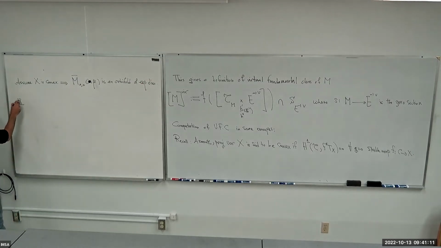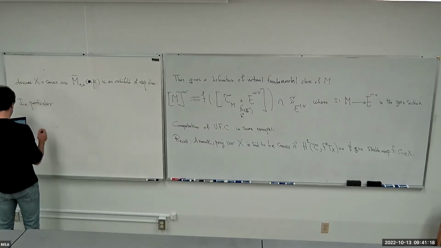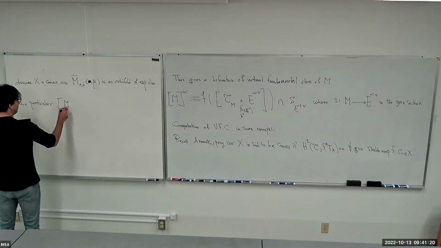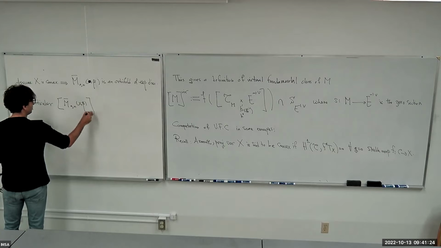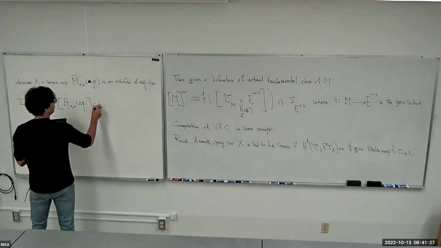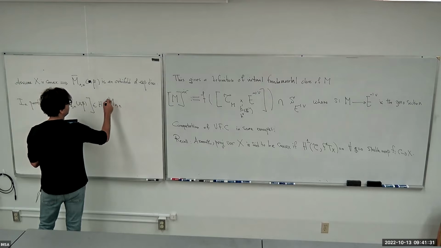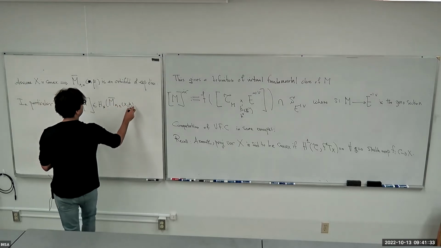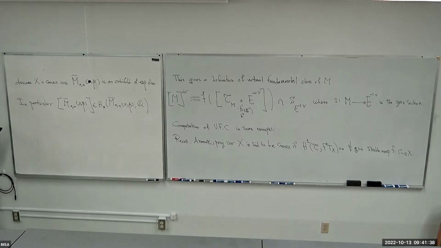In particular, the fundamental class of M bar 0,n of X, beta, just the fundamental class itself, which is an element of homology of M bar 0,n of X, beta with rational coefficients, is the class representing it.